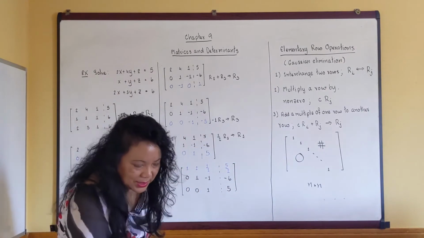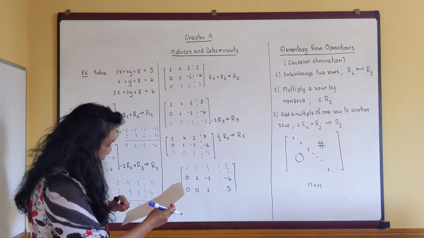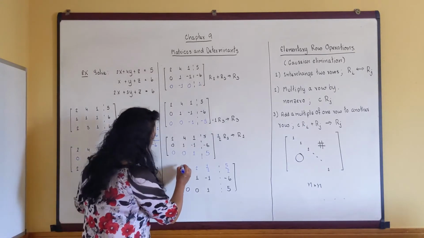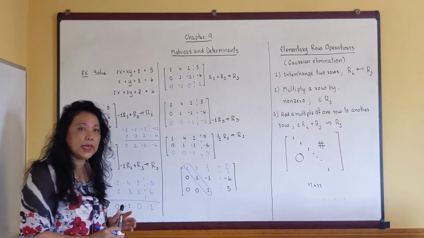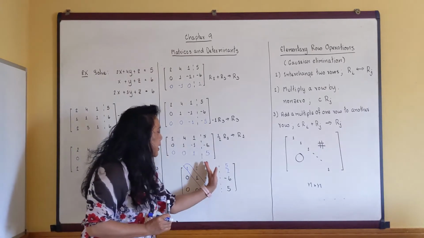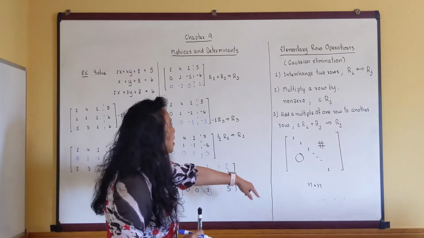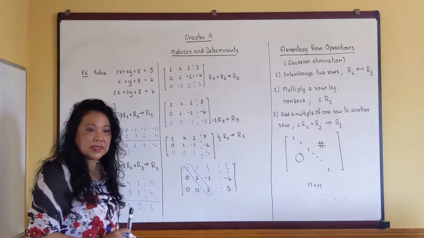All right, let me check myself if I did it right. That's correct. All right, so now you have 1 at the diagonal. Okay, 0 everywhere under the diagonal, and above the diagonal, let it be, whatever it is. So that is the form that you want. Now we're going to solve it, all right?